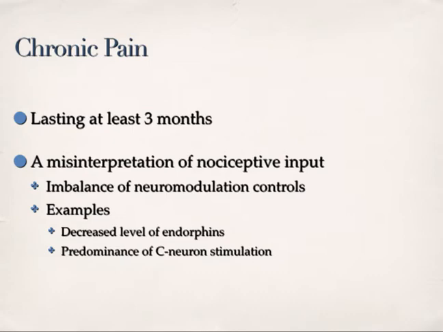There may be different factors, such as a decreased level of endorphins, or they may have a predominance of C neuron stimulation. That's an area that excites pain in the brain. There's an imbalance of those neuromodulation controls. So they have a lot of pain firing. These are just examples. Like I said, it's very complex, with other factors that integrate within it.